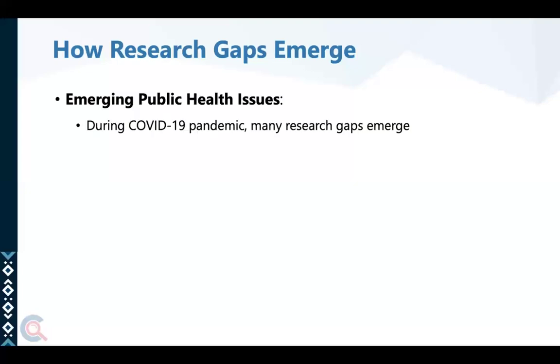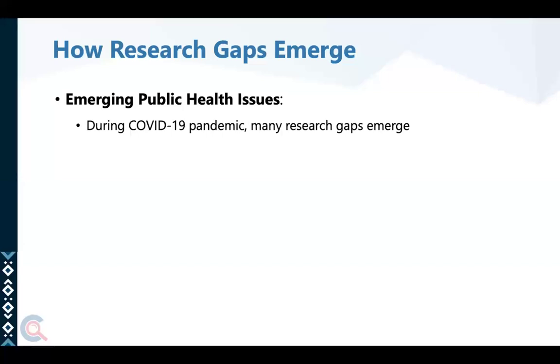And sometimes they just emerge because there is some emerging public health issue. So, for example, we were all doing fine until like 2019, and then we were hit by the pandemic. So around February 2020, we don't even really know the mechanism, what the COVID virus is, the nature of the disease, the pathophysiology, the clinical presentation, right, to public health related implementation gaps.